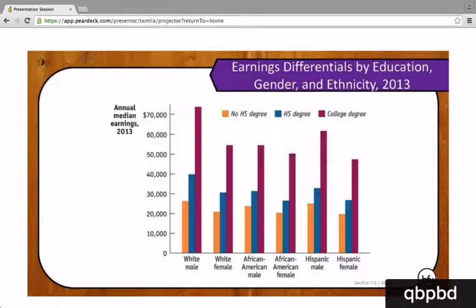But you can see in every single group people who have a college degree earn significantly more than those who have only a high school diploma, and they earn significantly more than those who have no high school diploma. So this is consistent with marginal productivity theory of labor, because we assume people with more education have more knowledge and skill and therefore are capable of producing a higher value product that people will pay more for, and it will justify their higher wage.